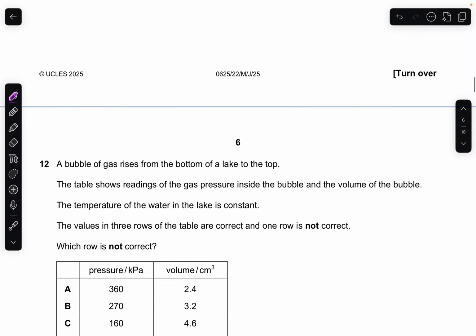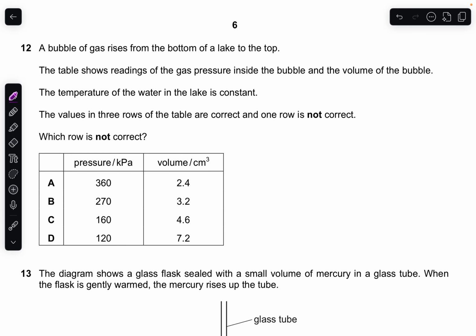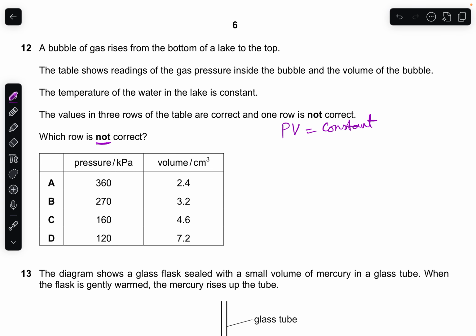In question 12, a bubble of gas rises from the bottom of the lake to the top, and the table shows the readings of the pressure and the volume. You have to tell which row is not correct. As we know, pressure into volume remains constant. As the bubble rises, the pressure and the volume will change, but their product should remain the same.